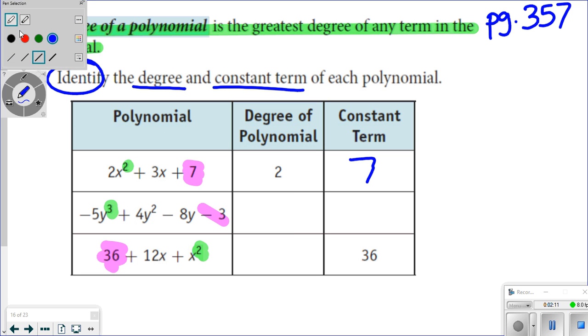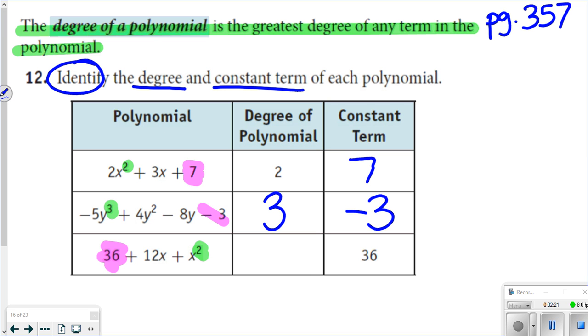So my degree for the second one is 3. That's the largest exponent, the greatest degree. The constant term is -3. Make sure you're including the sign. My degree is 2. And then they already filled in the constant term for us, which is 36.